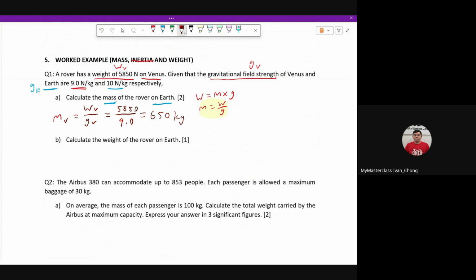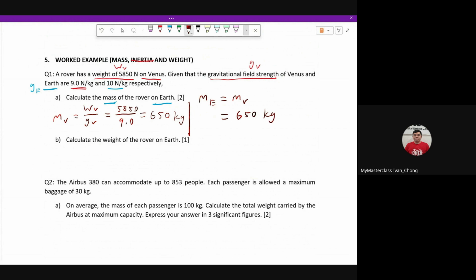Okay, so now what's the purpose of using this? Don't forget, mass is the amount of substance, which means the mass on Earth is equal to the mass on Venus, because when I just move from Venus to Earth, my amount of substance doesn't change. I will still be 650 kg of mass.